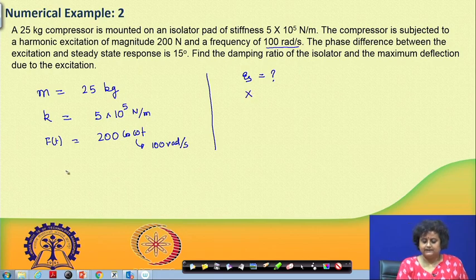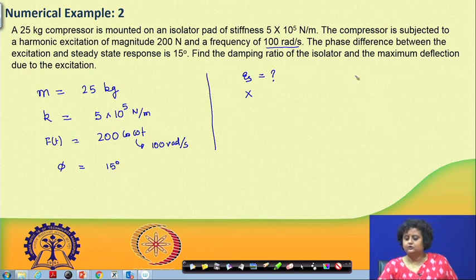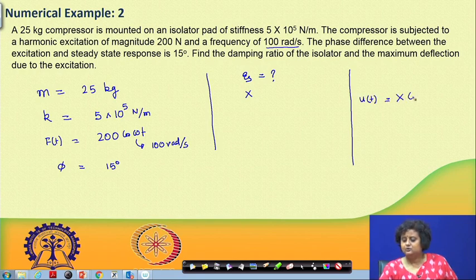The other thing that is given is the angle phi, which is given as 15 degree. So, the steady state response u(t) is going to be x into cos(omega t minus phi). This phi is given as 15 degree.